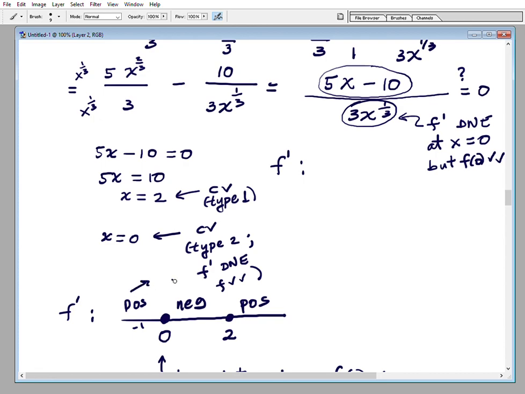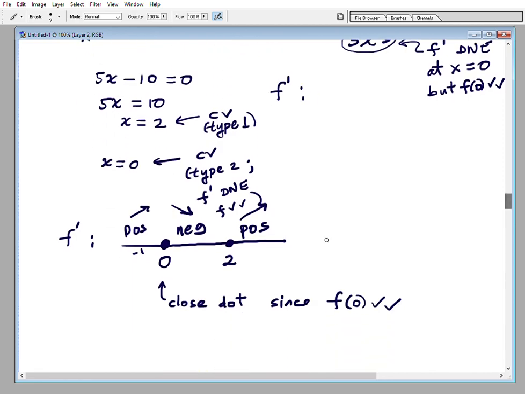Then just draw these arrows, and we see that this one's a max. This is the max of the other type, the pointed max you could think of it, and this one's a min. And this one, I'm not going to substitute in, but you could substitute in to find the y value.